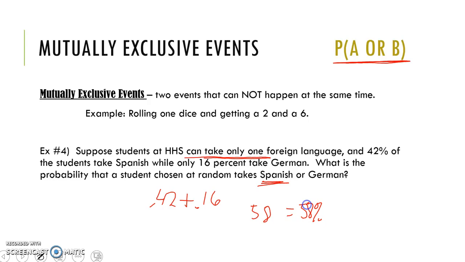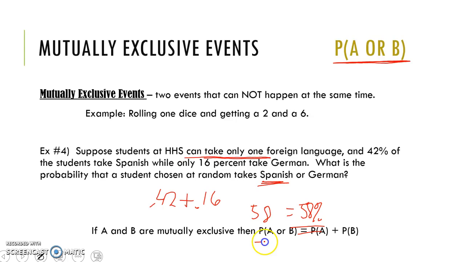58% of the people take either Spanish or German. That means that there's 22% that either don't take a foreign language or take maybe French or another foreign language that Homestead might offer.